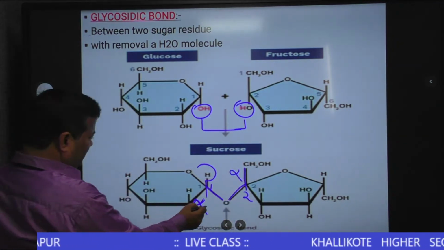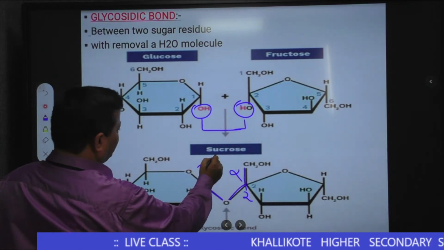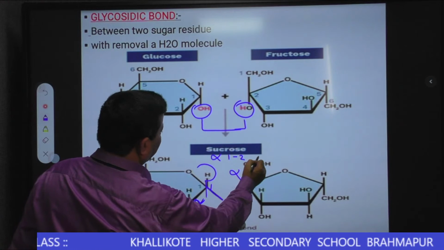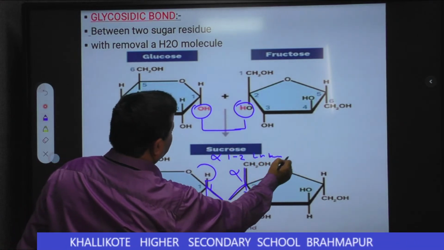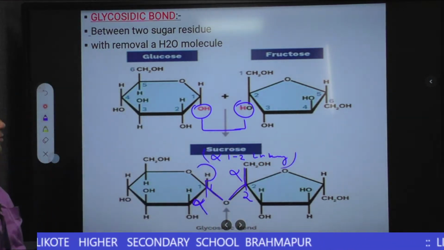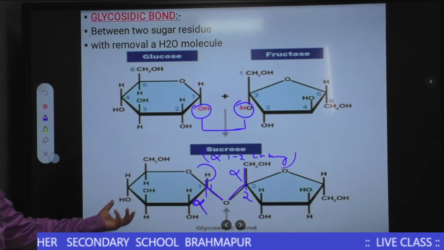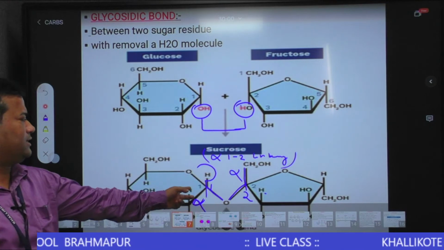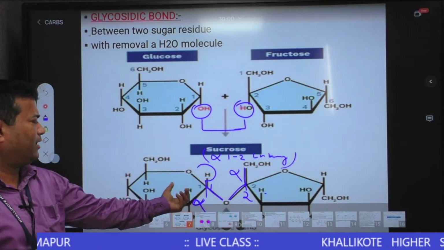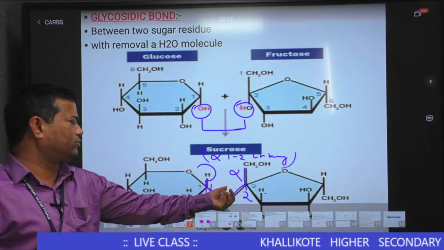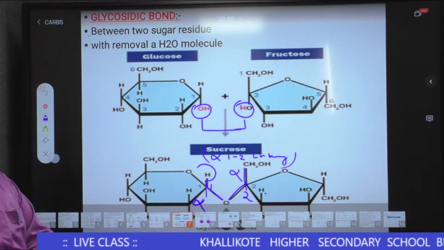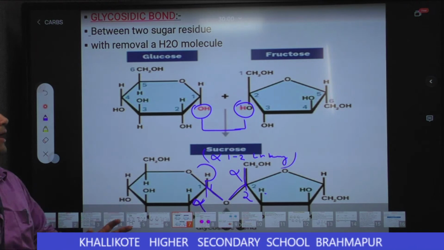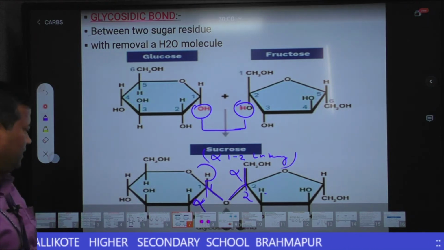Here the glycosidic bond formed is considered an alpha 1,2 linkage. Alpha 1,2 glycosidic bond. Here this is glucose, this is fructose. This is alpha glucose, this is alpha fructose. So the linkage formed is an alpha 1,2 linkage, or alpha 1,2 glycosidic bond.